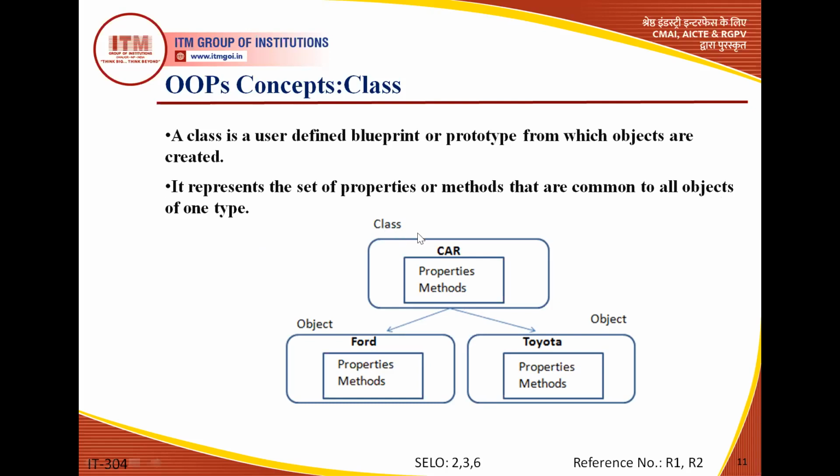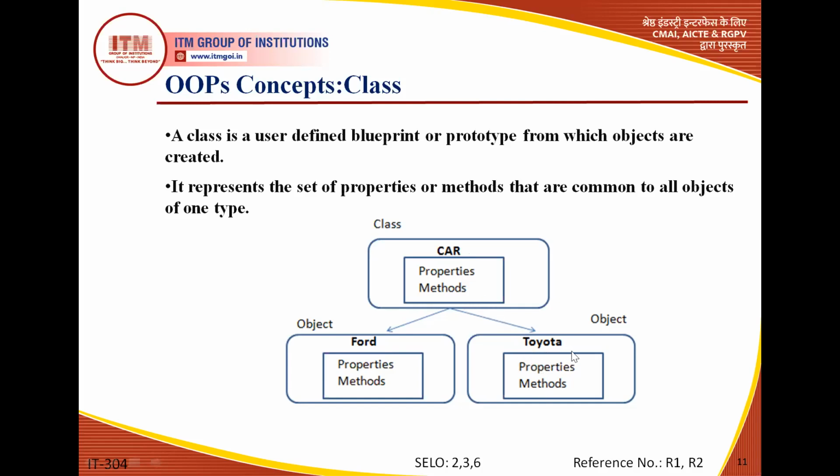So here, if the name of the class is car, then the objects which are made from this class should also be a type of car, like which you have seen here. A Ford is an object, Toyota is an object, but both these are cars. And these are possessing, or using, you can say, the same properties and methods which are declared here, but with different values.